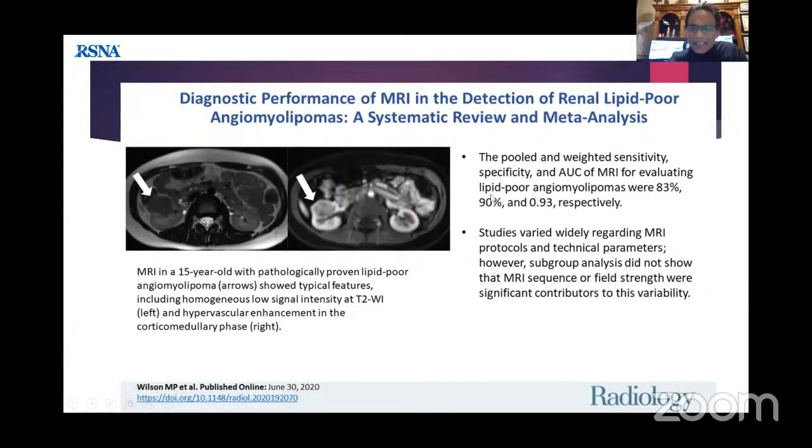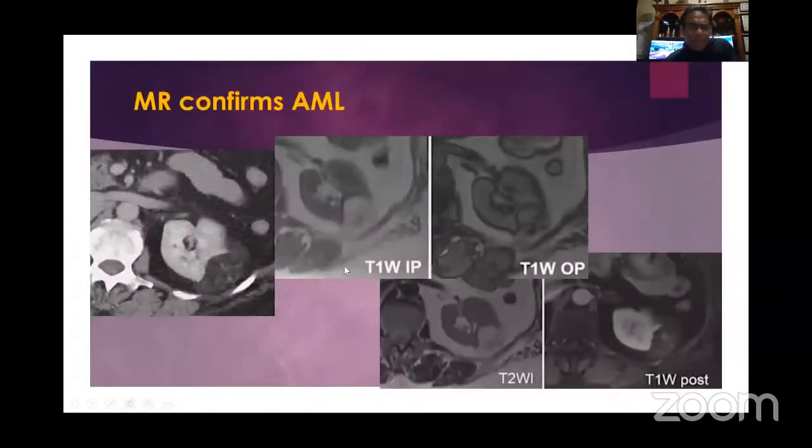This was actually a very useful feature in diagnosing lipid-poor angiomyolipomas. This was seen in 83% of patients. The sensitivity was 83% and specificity was 90% in this patient group. So maybe this feature is going to be very useful in diagnosing lipid-poor angiomyolipomas.